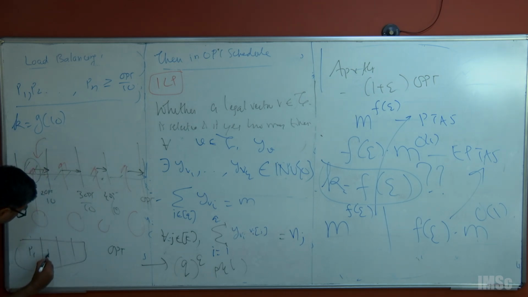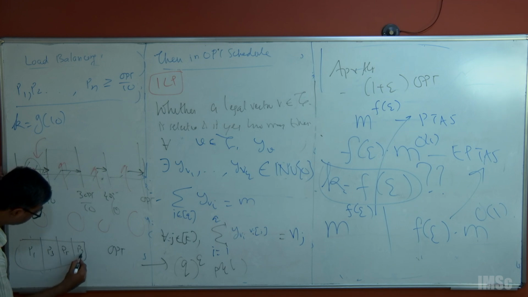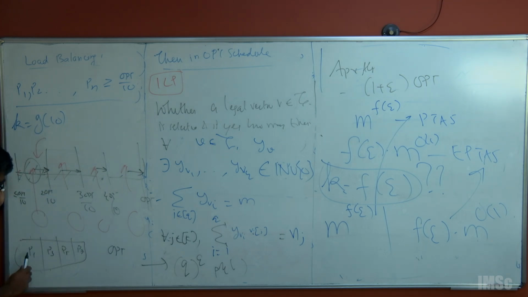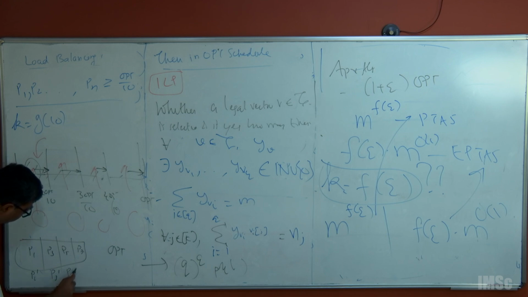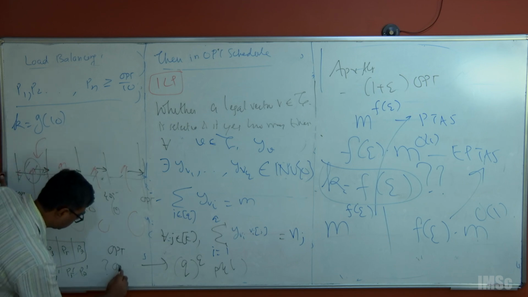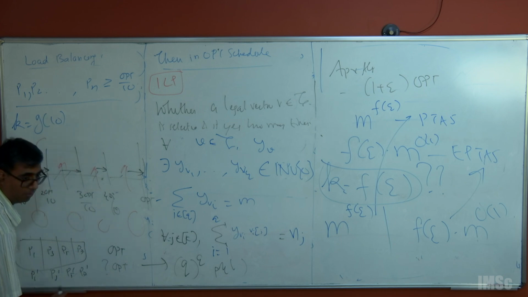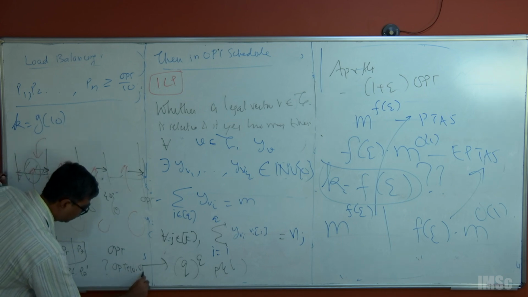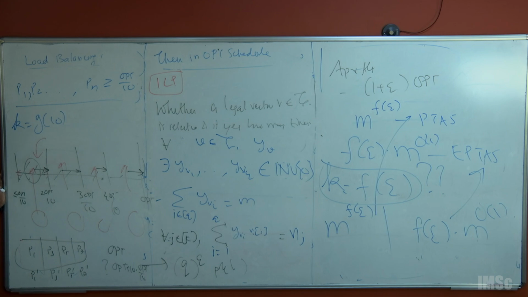It is P1, say P3, P5, P7, which equals opt. Now look at P1 prime, P3 prime, P5 prime, and P7 prime with the mapping. How much has it become? Everybody would have increased by opt by 10. So if all of them were opt, 10 times opt by 10, that is 2 opt. This I did not want.